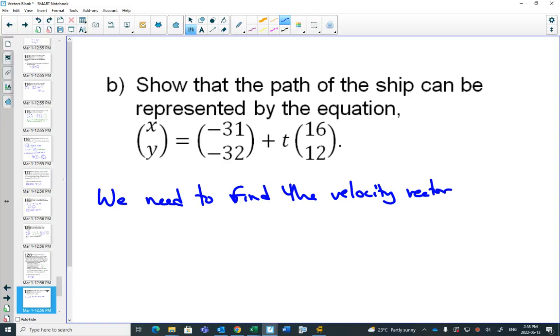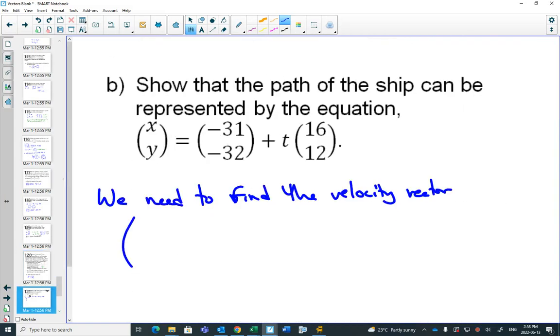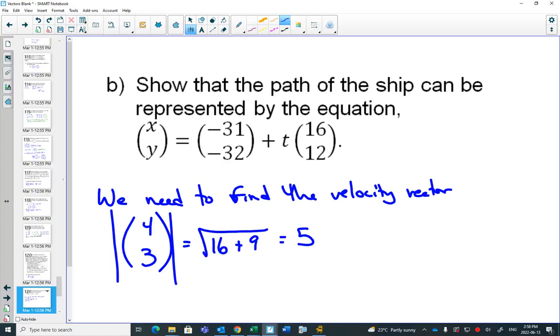The velocity vector, we're told that it goes in the direction of 4, 3. And the length of 4, 3 is 5.